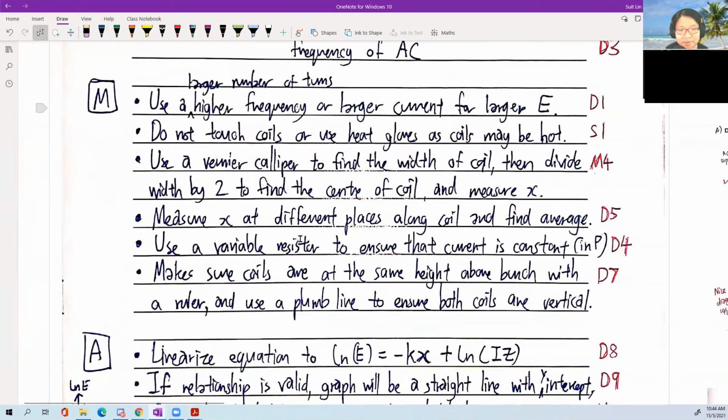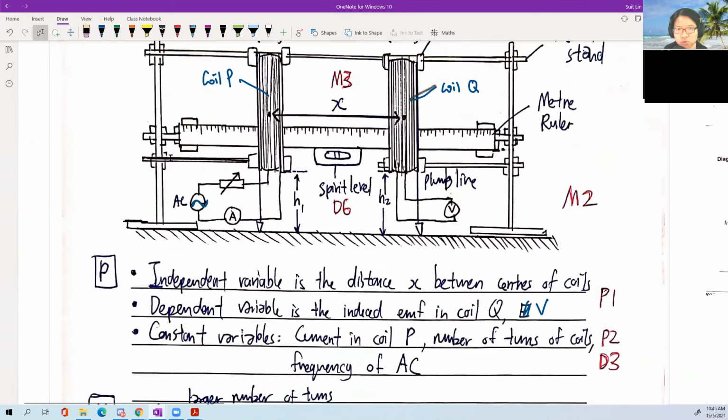Okay, so make sure the coils are at the same height above the bench with a ruler. Use a plumb line to ensure both coils are vertical. Okay, so I prefer if this candidate says and measure X using a ruler, but he or she did draw a ruler here, see, and labeled.